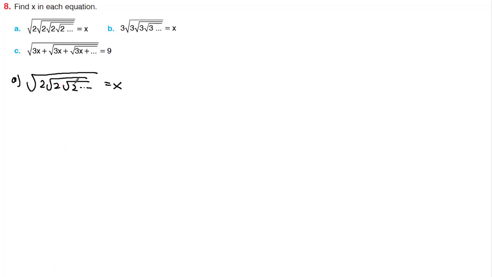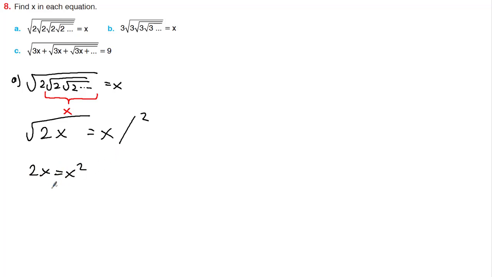If you recall, if this expression is equal to x, then exactly this expression is also equal to x. So what do you get? You get square root of 2x is equal to x. Well, if you square both sides, you get 2x is equal to x squared.